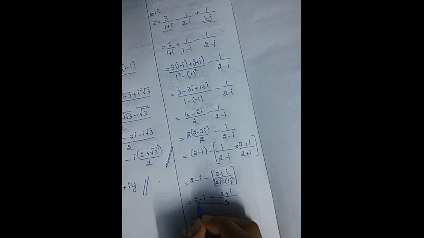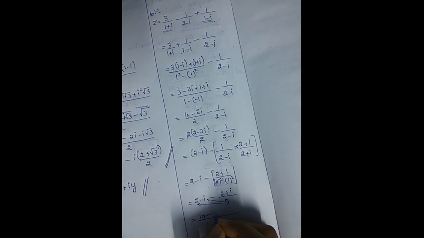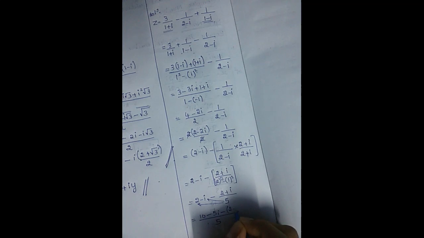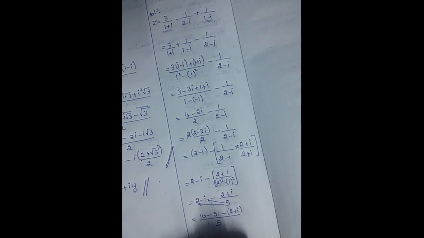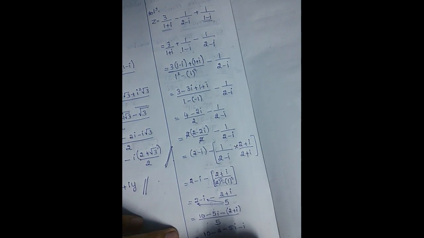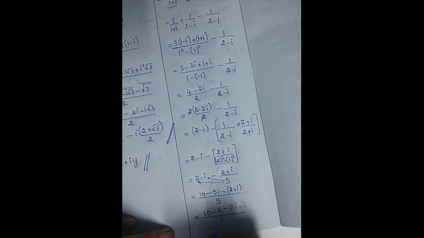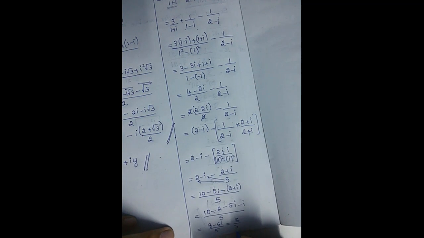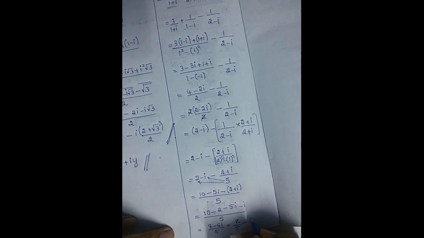Next, multiply this term here. 5 twos are 10, minus 5i, minus 2 plus i, which is equal to 10 minus 2 minus 5i minus i divided by 5, which is equal to (10 minus 2) 8 minus 6i divided by 5, which is equal to 8 by 5 minus 6 by 5 i.